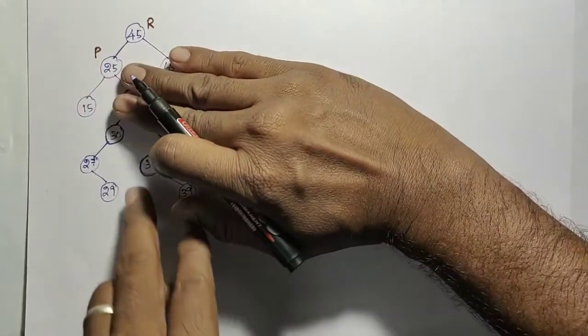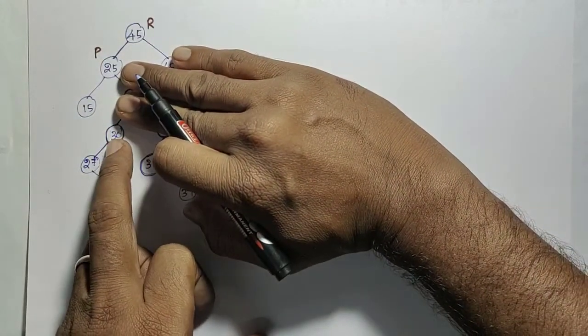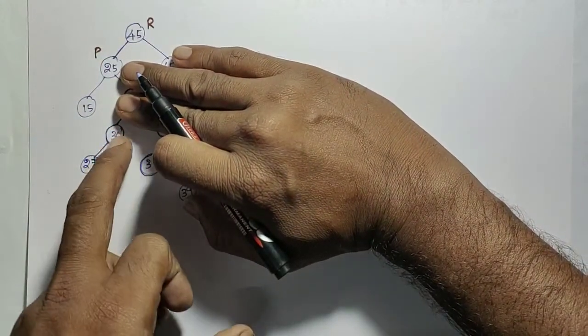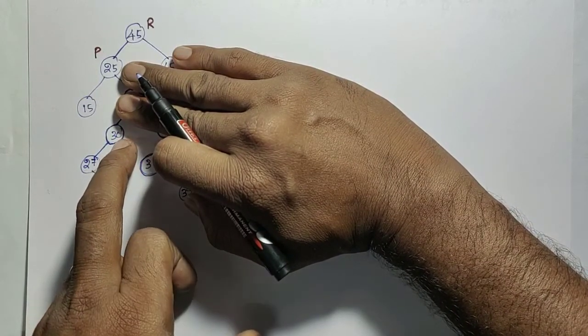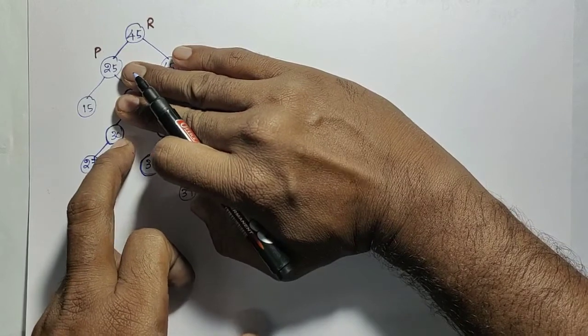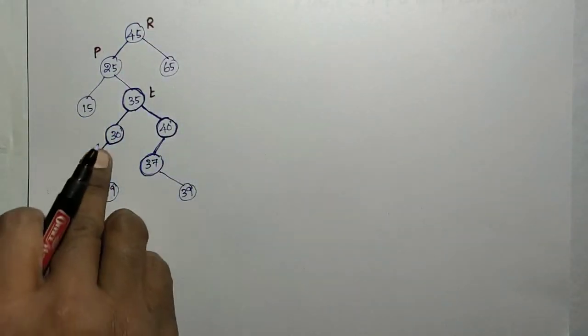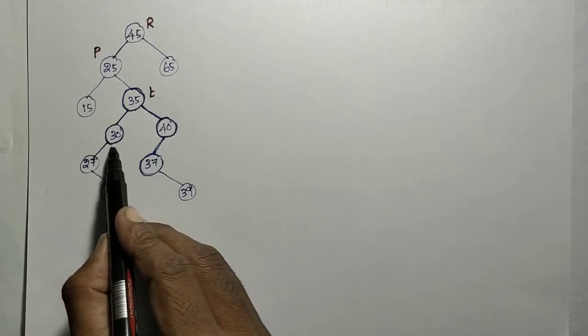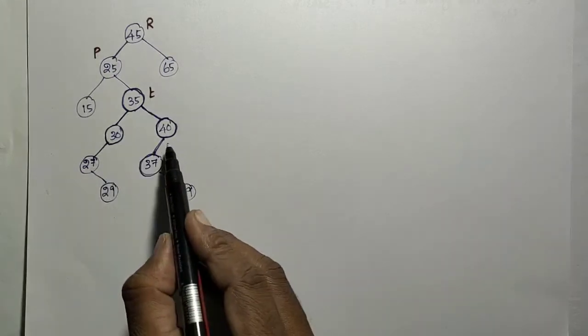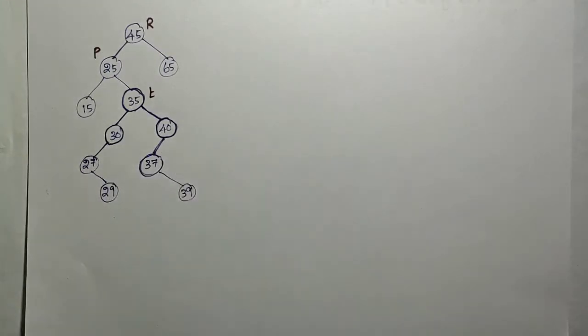Similarly, if you start with the 30 here and search only on the right side, the first right itself is null, so 30 is identified as the rightmost element, the biggest element. So the objective is to pick the biggest element from the left side, or the smallest element from the right side.